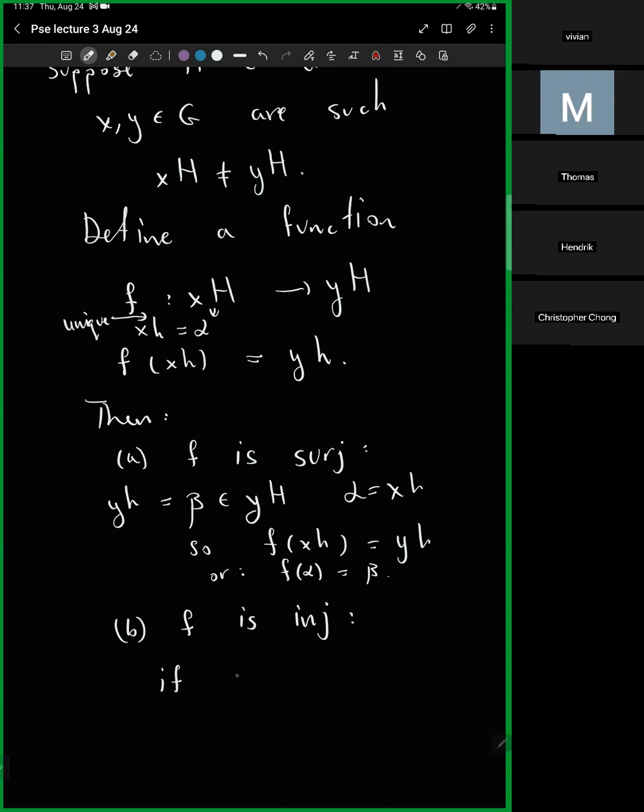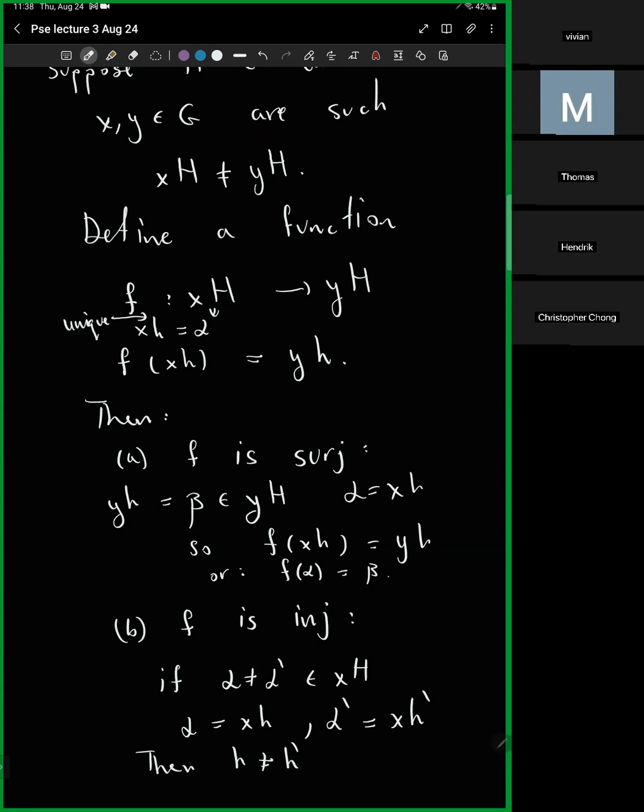If you have two elements, alpha and alpha prime, in xH, so say alpha is equal to xh, and alpha prime is equal to xh prime. Then, of course, if I have two different elements, alpha and alpha prime, then h must be different than h prime, right?